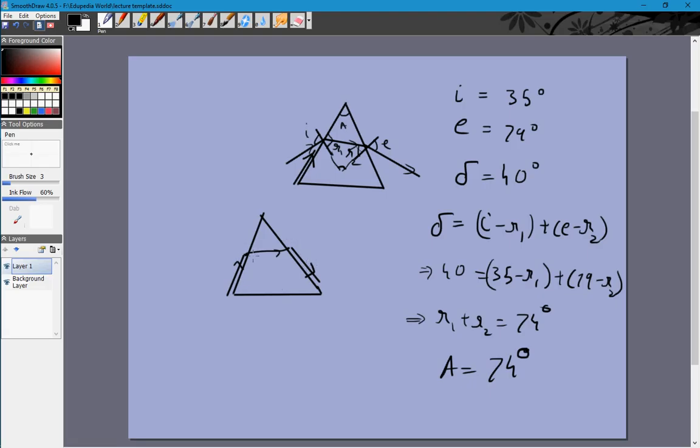And remarkably, it comes out to a nice value, 37 degrees, whose values you already know. So sine of A by 2 will be 3 by 5. So 3 mu by 5 is equal to 1, which means mu is equal to 5 by 3, which is 1.666 and so on. This is the maximum possible value of refractive index for which there is no total internal reflection. So the closest value is obviously 1.7, which means the answer is option 3.